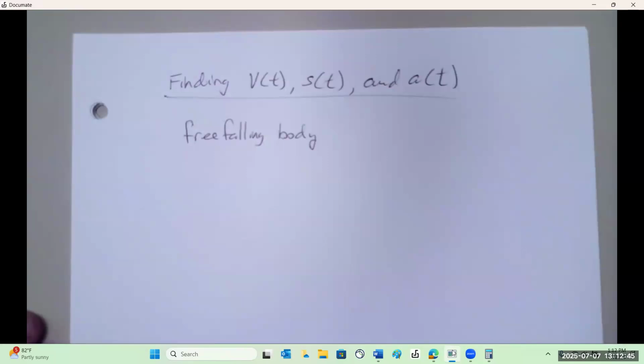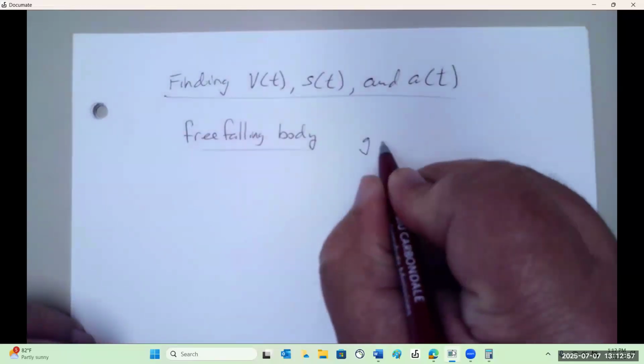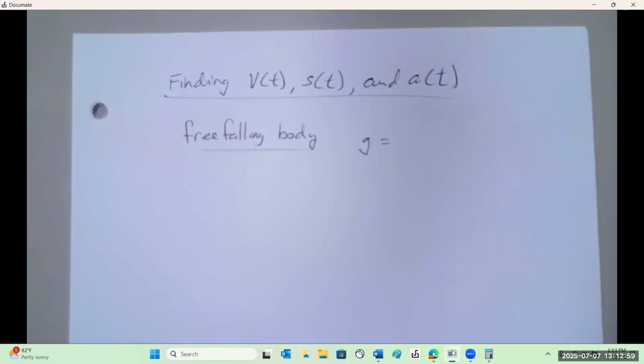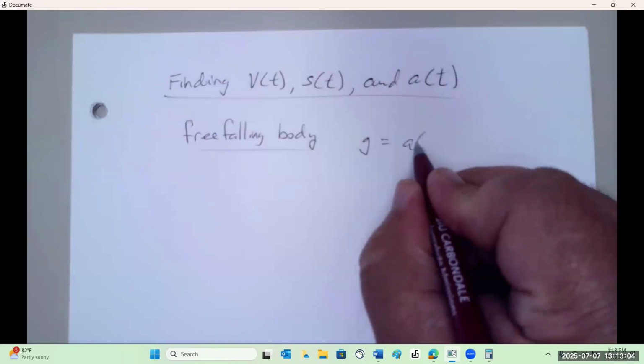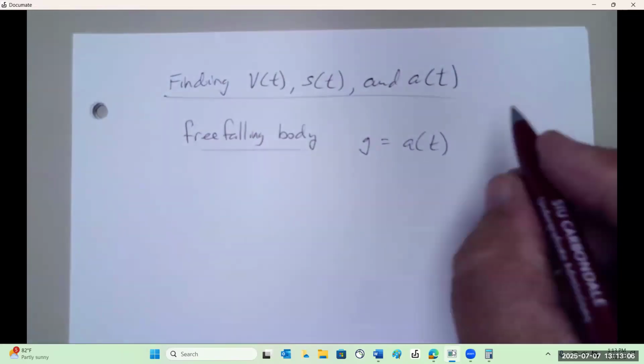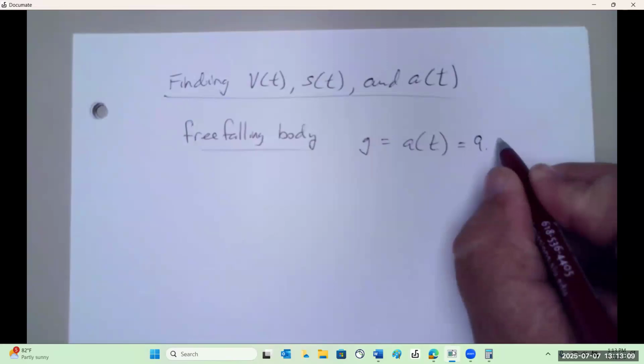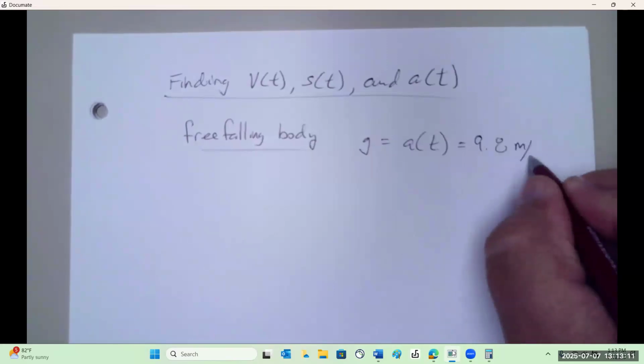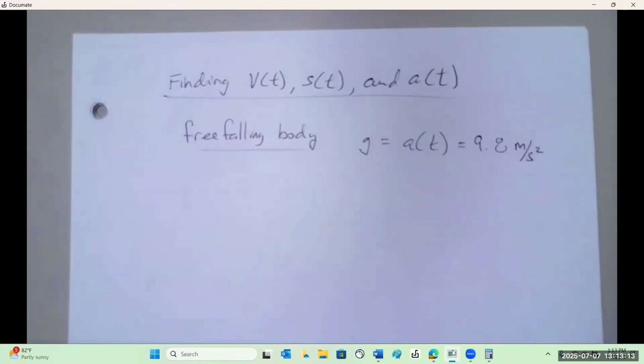Well, what do we know about free-falling bodies? They only have what force acting upon them? Gravity. Gravity is what kind of force? Is it position, velocity, or acceleration? It's acceleration. And it's a constant. It's 9.8 meters per second squared. Downwards.